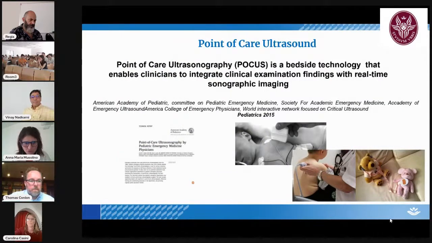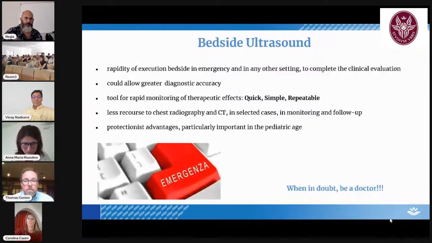According to the definition of Professor Marin in Pediatrics 2015, point of care ultrasound is a bedside technology that enables clinicians to integrate clinical examination findings with real-time sonographic imaging. And the sonographic images are obtained by the physician himself.